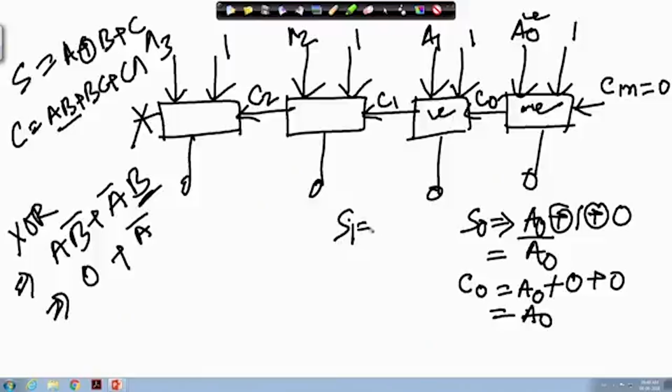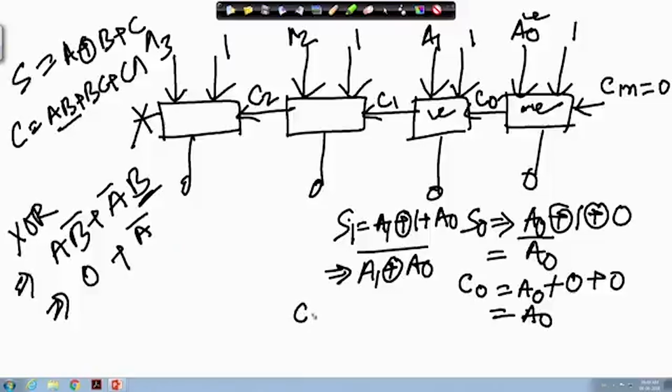So, S1 is here A1 XOR with 1, then here carry is what? Carry is not 0 here, carry is basically A0. So, I can write S1 as XOR with A0 bar. Okay.